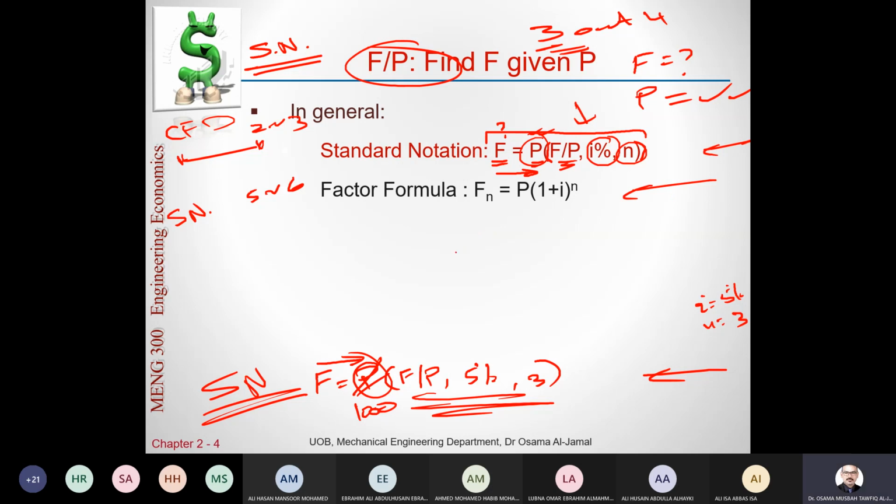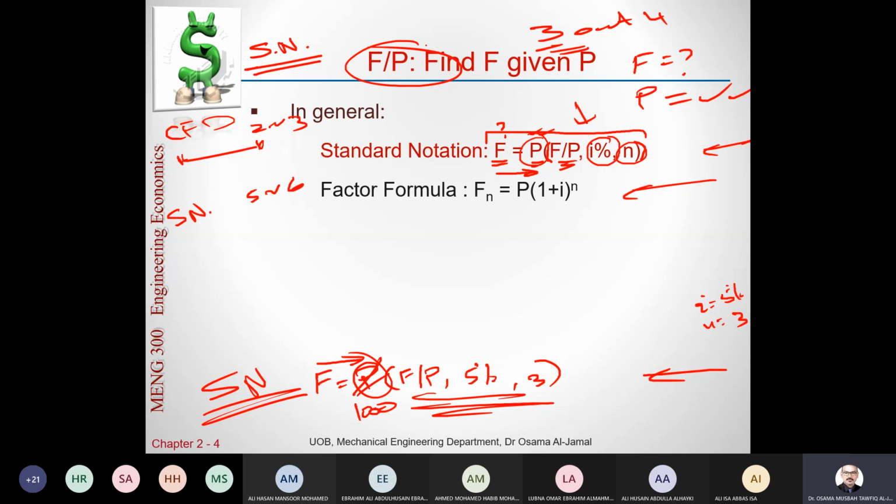The good thing in Excel is that we have a built-in function for finance. Try to practice them. At the end of the lecture, go to Excel and use the function that I'm going to show now to work out the coming examples.